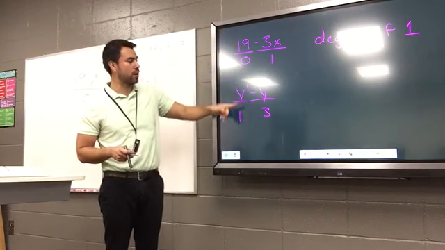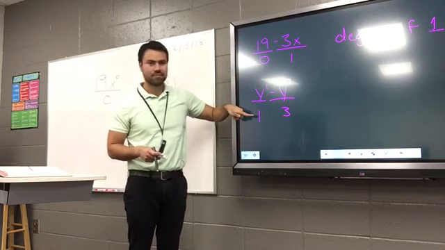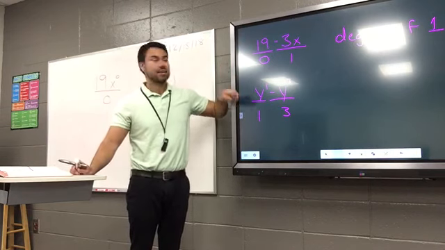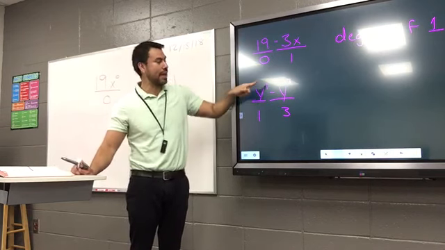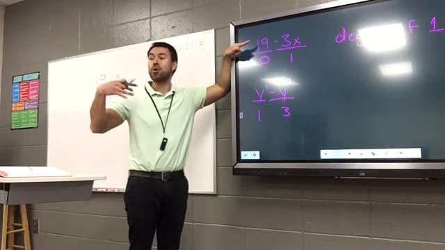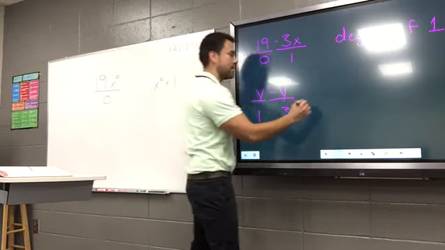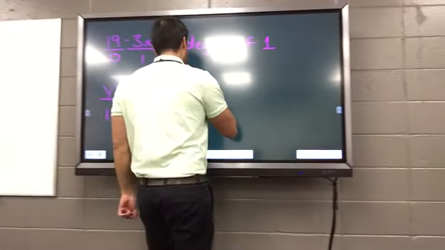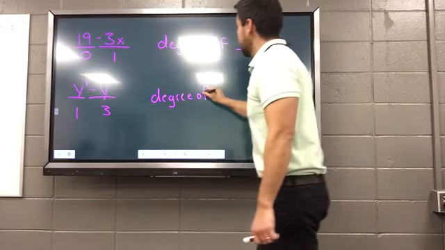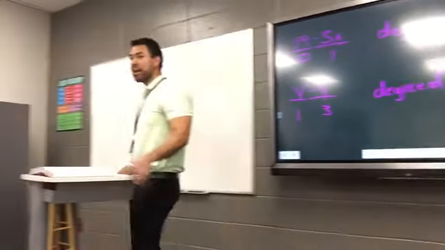Some of you said 1 or 0, and you're like, why is this 0 and that's 1? This has a variable, and it's 1. This has no variable, so you give it a 0. All right, what's the degree of this binomial? Degree of 3. Very good. You guys okay with that?